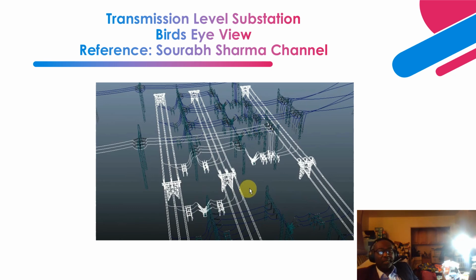Next is another bird's eye view. Like I indicated, in between, this is the main 1 bus, main 2 bus, and auxiliary bus. I may mention that this one is a redundant feeder, and we have the main feeder coming from this end.